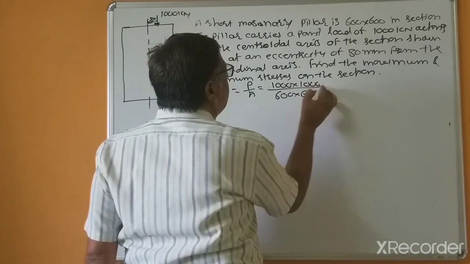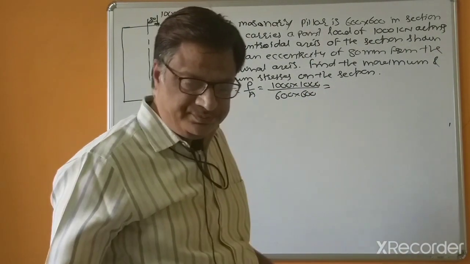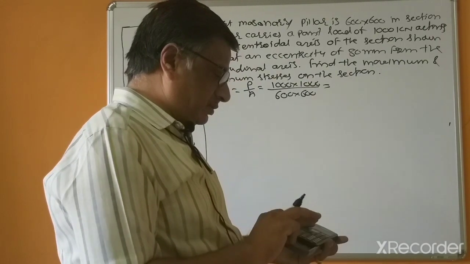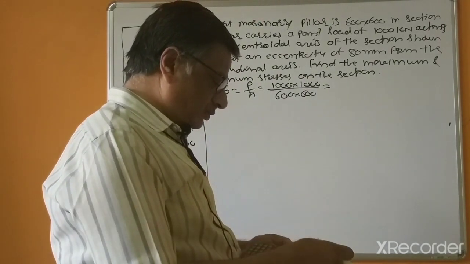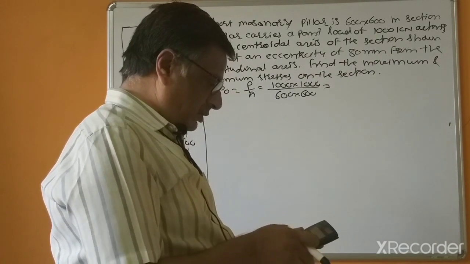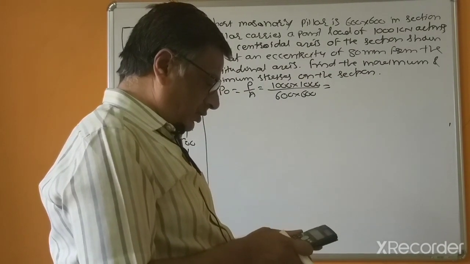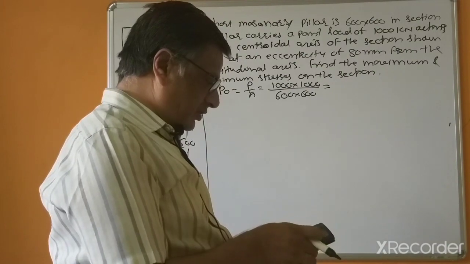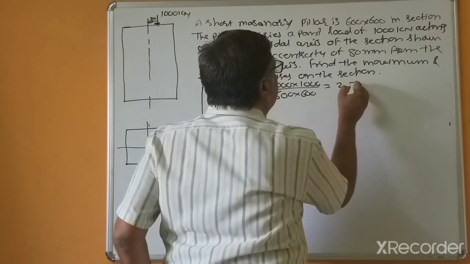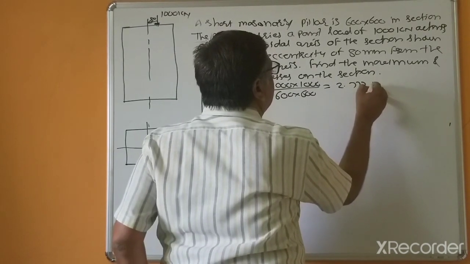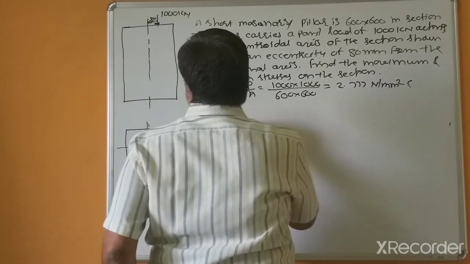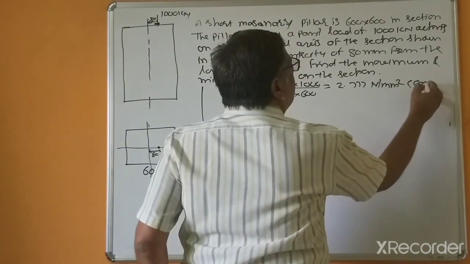Area 600 mm by 600 mm, this is area of cross section. Divided by 600 square equal to 2.77 Newton per mm square, and this is compressive.